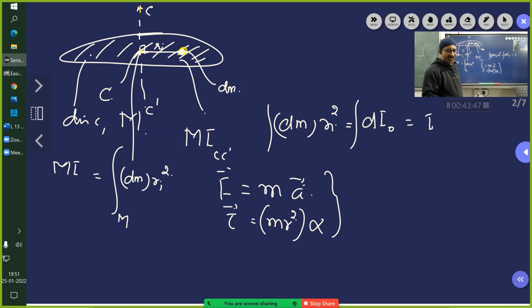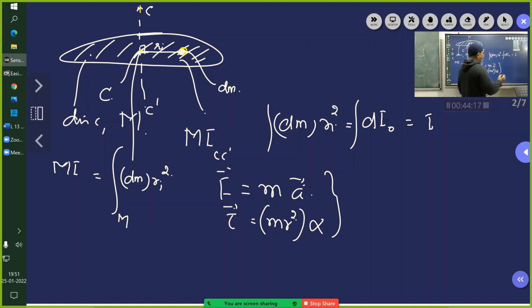Newton's second law is the second law only. What the first law says is that you need an external force to change the state of motion, and the body opposes the change of motion because of its inertial property. That is the first law. The second law says what is the effect of the force on the body: it causes acceleration.